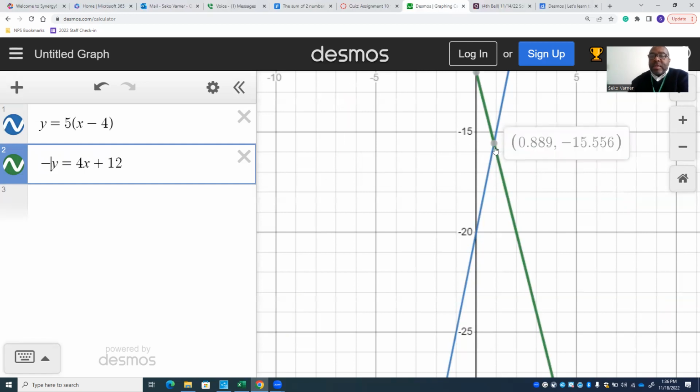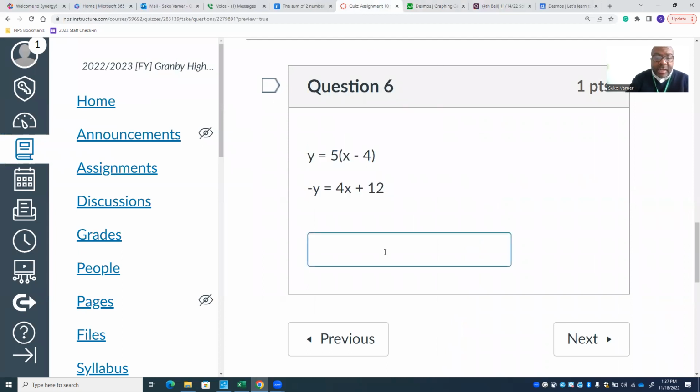All right, so this would be your solution to the set, 0.889, and let's round and say 0.89 and negative 15.6. So the answer would look like this, 0.89, negative 15.6.